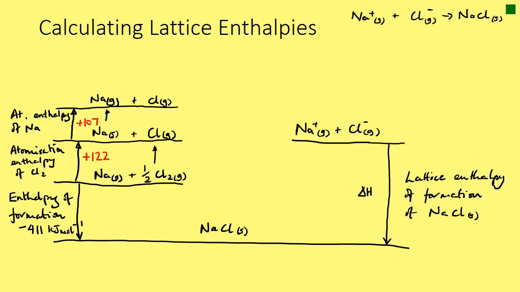So to ionize a sodium atom, we're going to deal with sodium first. To ionize a sodium atom into a sodium ion requires a little bit of energy, not much because it doesn't want its outer electron very much, but it still requires a bit of energy, and we're not doing anything to our chlorine atom yet. So we take off that electron.